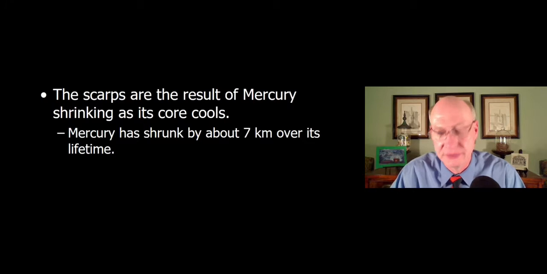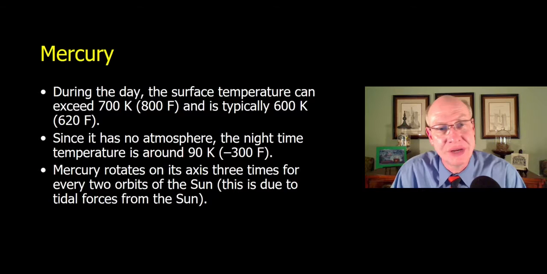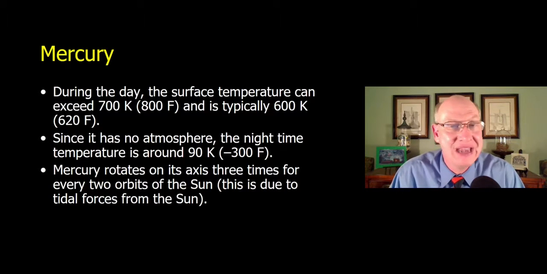Now, because it is so close to the sun, Mercury is extremely hot. During the daytime, the surface temperature can exceed 700 Kelvin, which is about 800 degrees Fahrenheit. It's typically about 600 Kelvin, which is 620 degrees Fahrenheit. Since it has no atmosphere, at night the planet doesn't retain any of that heat and it cools off all the way down to around 90 Kelvin, which is minus 300 Fahrenheit.